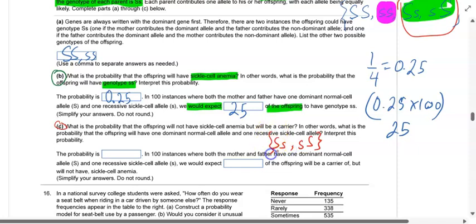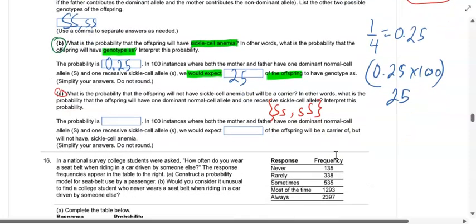Notice that uppercase S, lowercase s and lowercase s, uppercase S, these 2 genotypes are carriers but do not have sickle cell anemia. Therefore the probability in this case is 2/4, which is 1/2, which is 0.5. Therefore you put the probability 0.5.